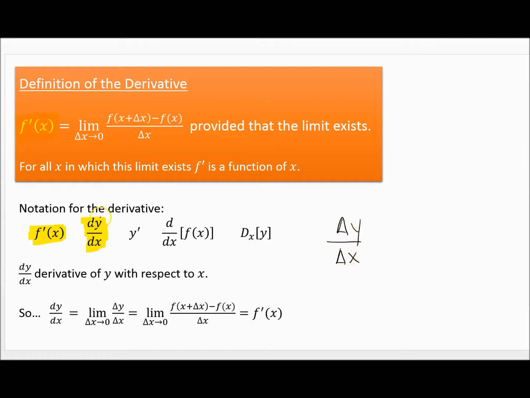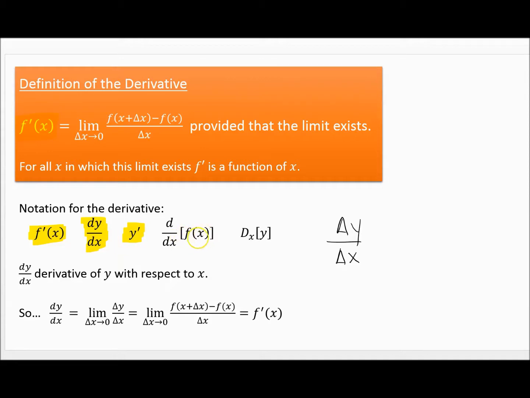When you use this notation dy over dx, it represents the derivative, and that's an instantaneous rate of change. Another notation that you'll see is y primed. It depends on the name of your function. If we call our function f of x equals, we would use f primed of x. Instead, if we call our function y equals, then we could use y primed.